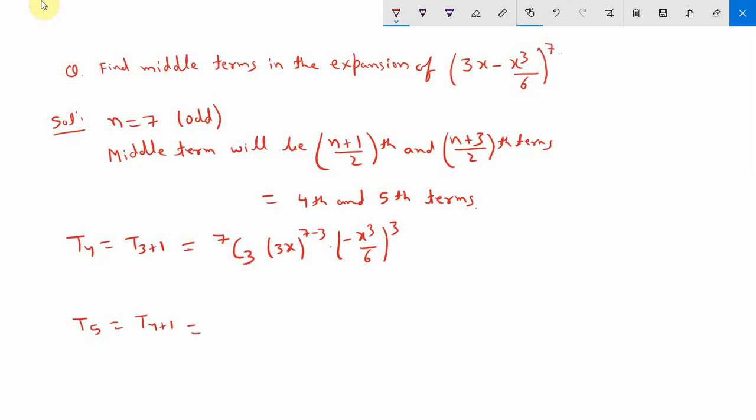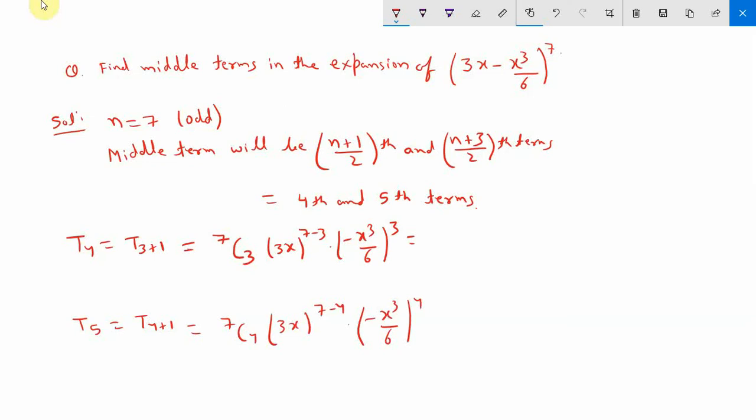And this will be 7C4, (3x) to the power 7 minus 4, into (minus x cubed by 6) to the power 4. Now we can simplify this.